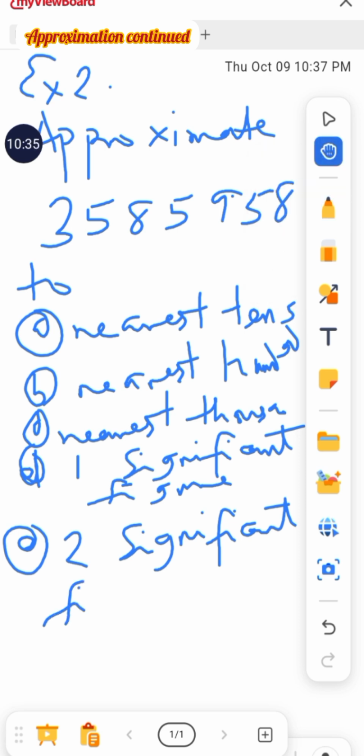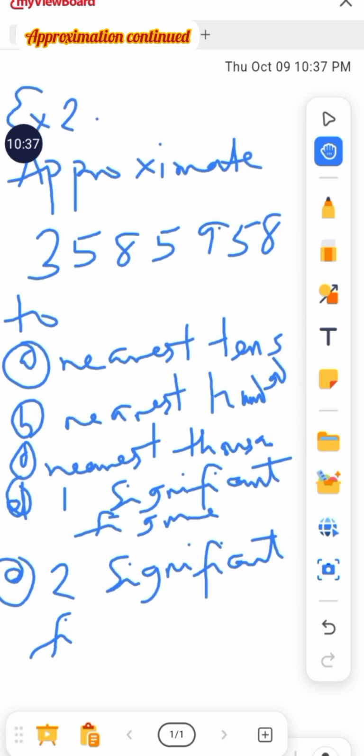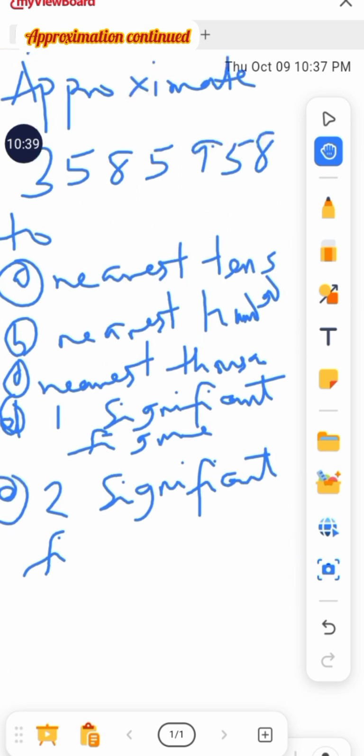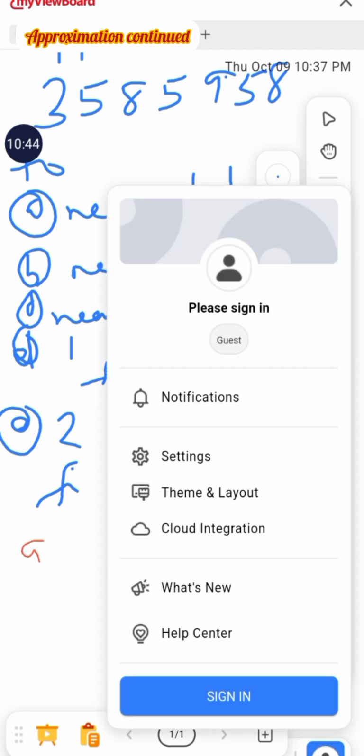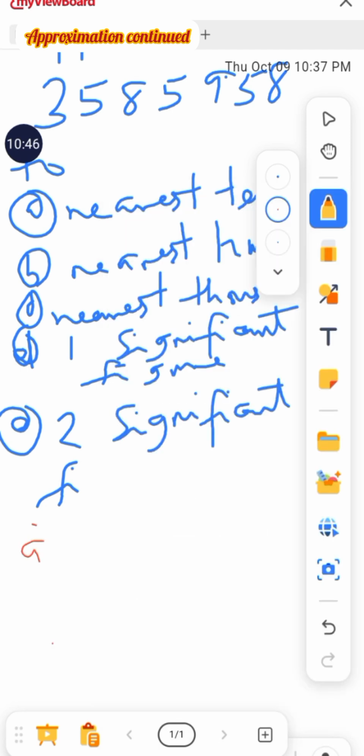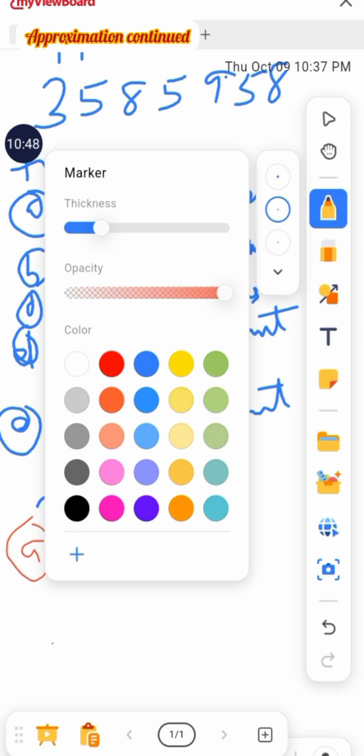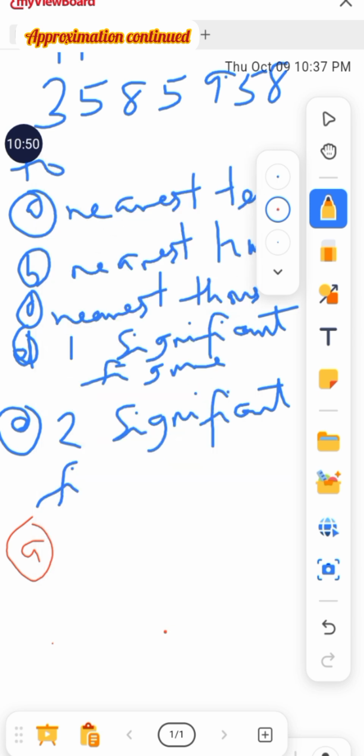Okay, what's the value that we have? We have 3585958. So let's answer it accordingly. To answer our question A, 3585958 to the nearest tens.